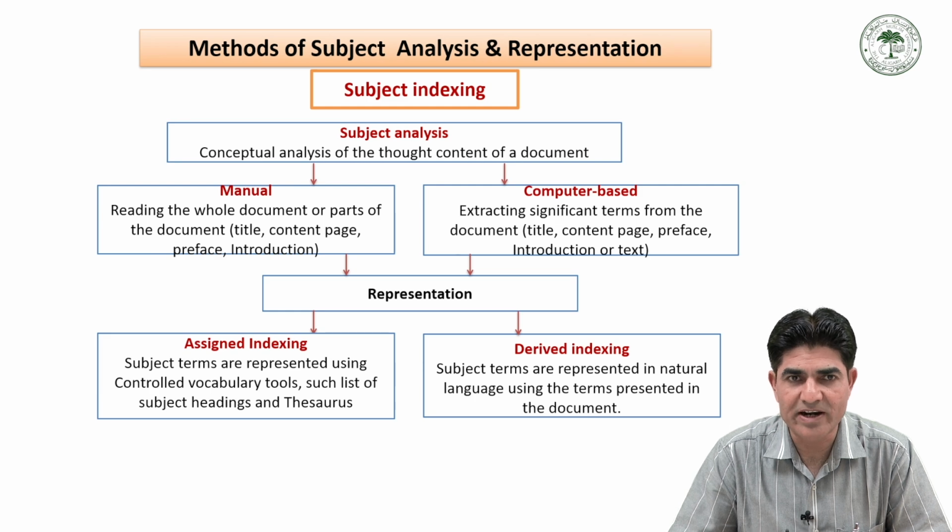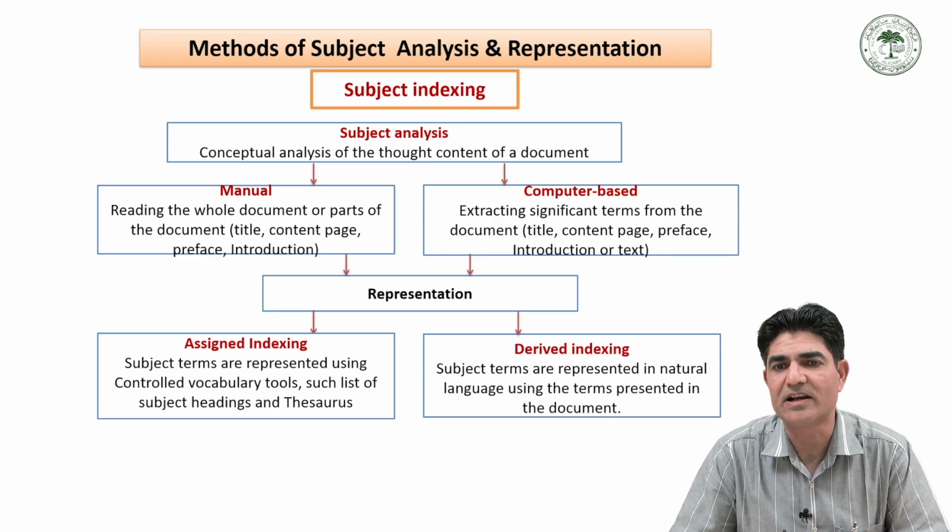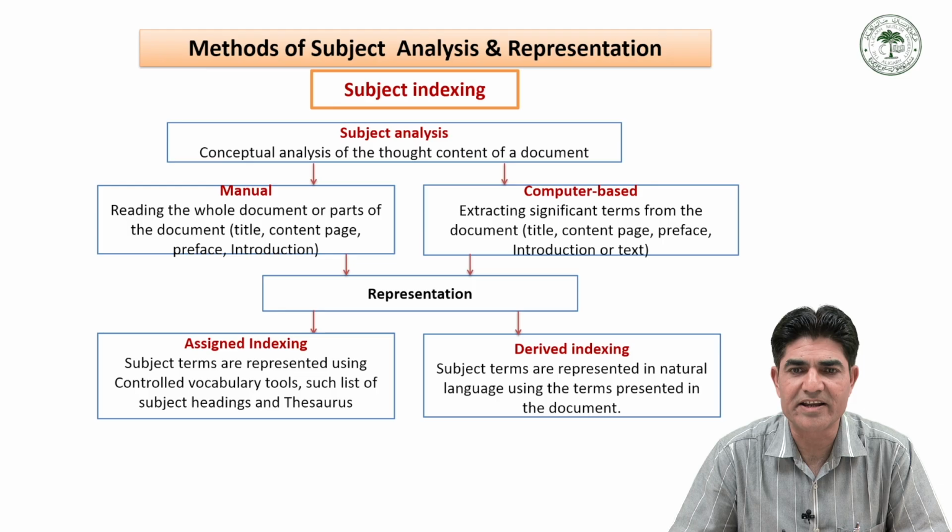So there may be different methods of subject analysis and representation. Subject indexing involves subject analysis, that is, the conceptual analysis of the thought content of the document, and these processes can be done manually or by computer. The representation can be done using the assigned indexing system or the derived indexing system.